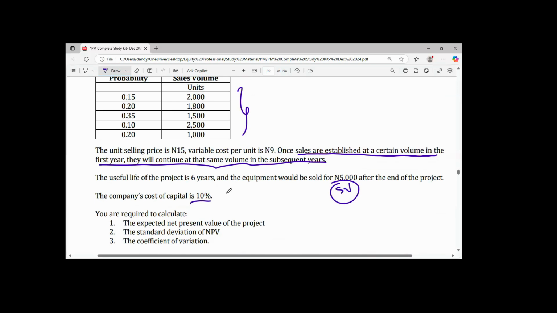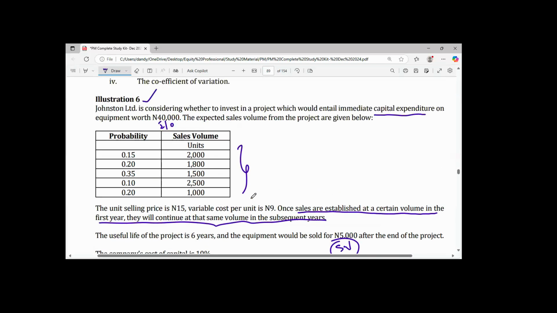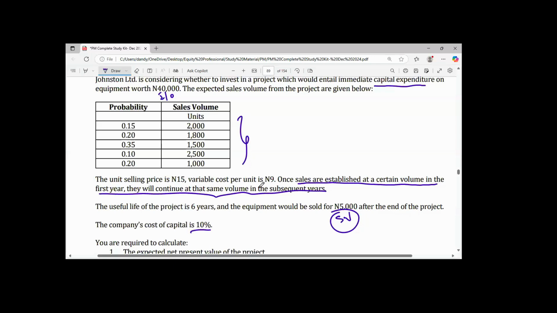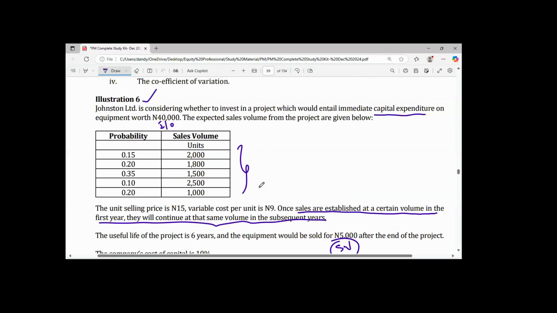We have established from this question that you are not given a cash flow. You are only given sales volume. So the first thing you need to do is calculate the cash flow. How do you calculate cash flow in this question?